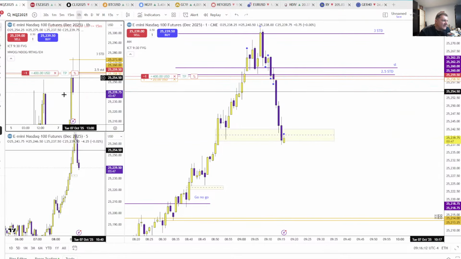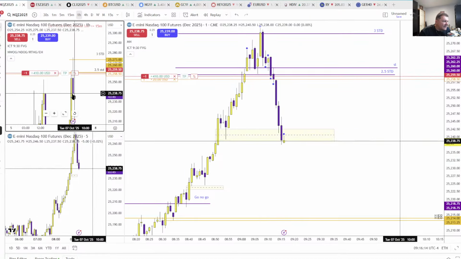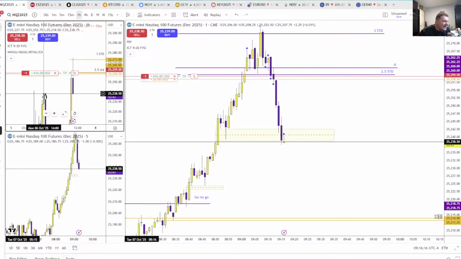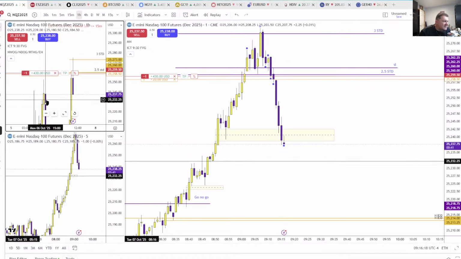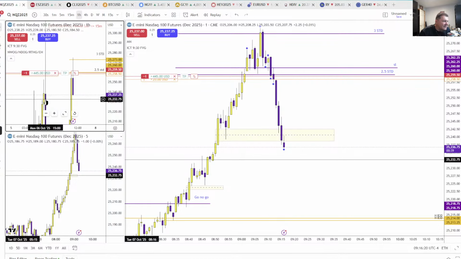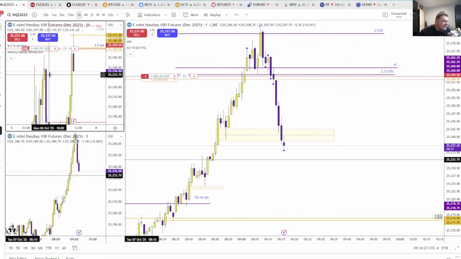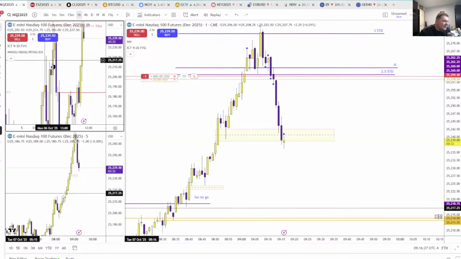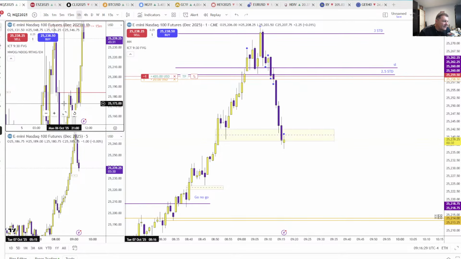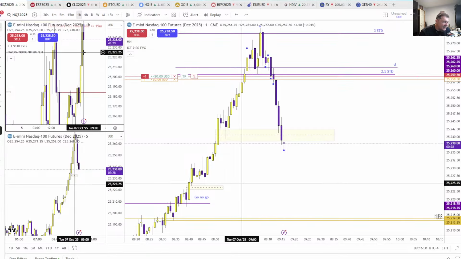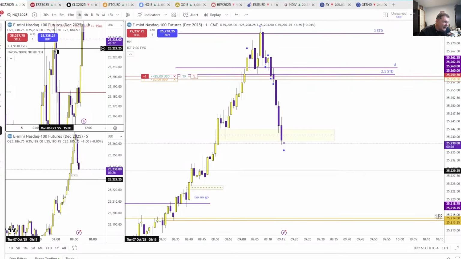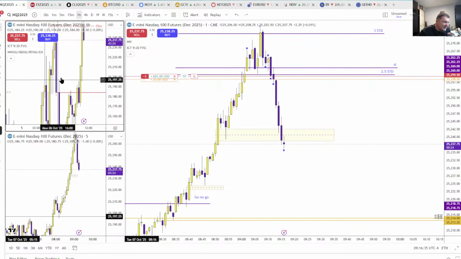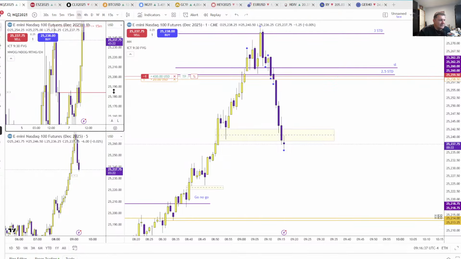You had 3 drives up higher, and you're looking for a retest of that high and the mean threshold. If this mean threshold gives way, what does it tell you? It says I'm going to come lower. And what am I going to reach for? The one that never got reached for, the one that never got tested, right? So if it breaks through here, I'm looking for a retest of this.